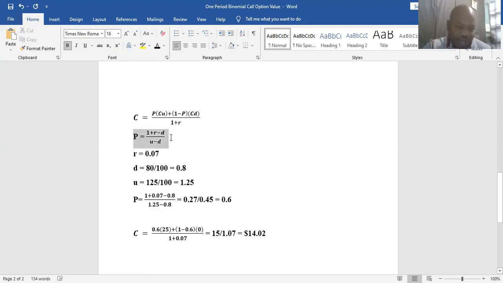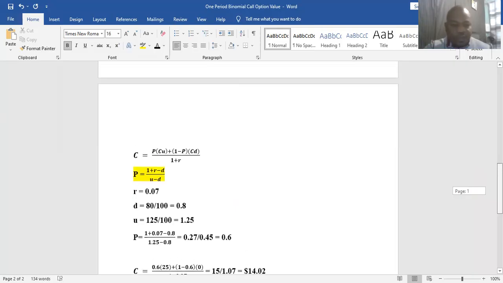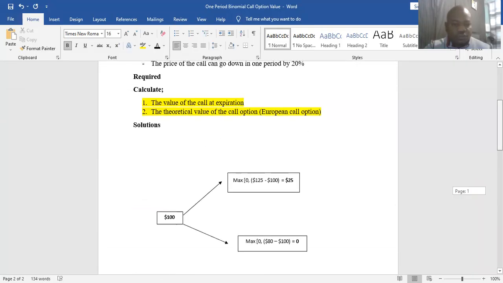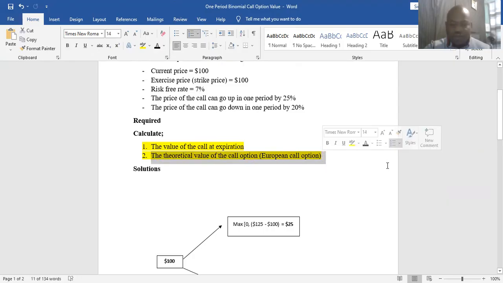So in calculating my P here, I had to fuse in these values which are here. So the P is a formula which is given there, which you must master in your exams. And then I had to calculate it that way, and it gave me 0.6. And then I have got everything that I need to calculate my core value, which is basically this requirement, requirement 2 here, the theoretical value of the core option.